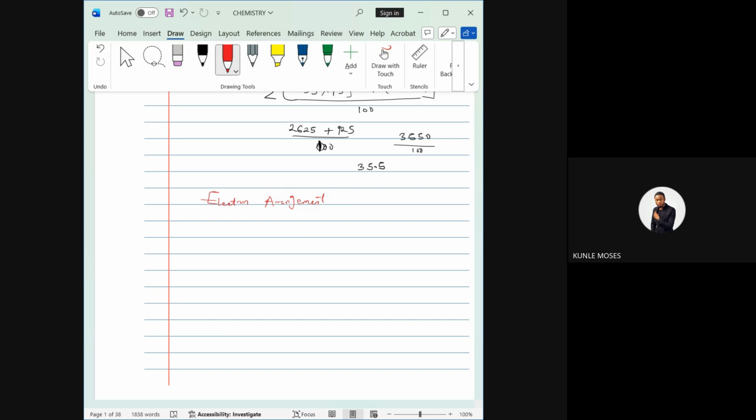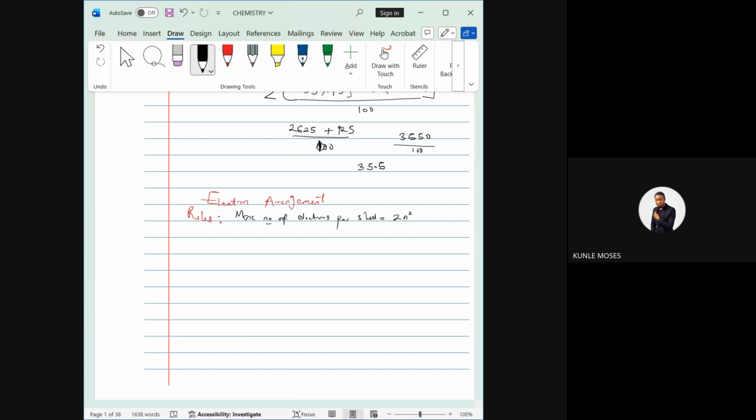Electron arrangement. Do you still remember the maximum electron per shell? That is 2n square, right? All of you are forgetting how the rules work. Before we go to electron configuration, the maximum number of electrons per shell should be 2n square.